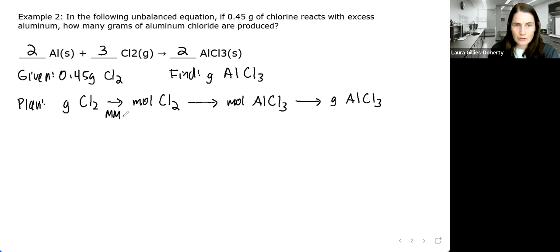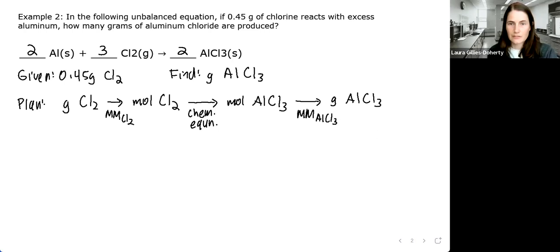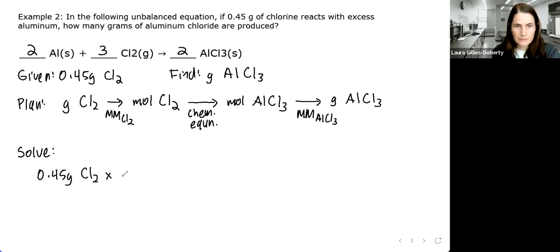So we're going to use the molar mass of Cl2 here. We're going to use the chemical equation there, and we're going to use the molar mass of aluminum chloride for our final conversion. Okay, so let's solve this out. So we have 0.45 grams of chlorine gas, Cl2. It's a diatomic element.